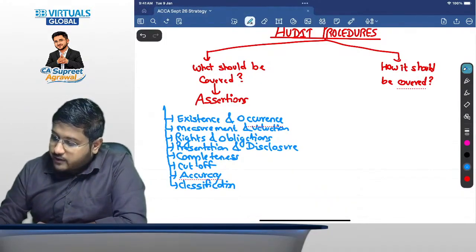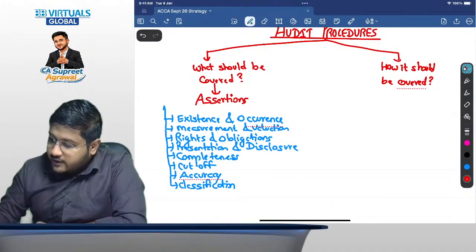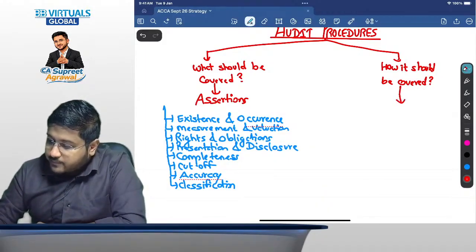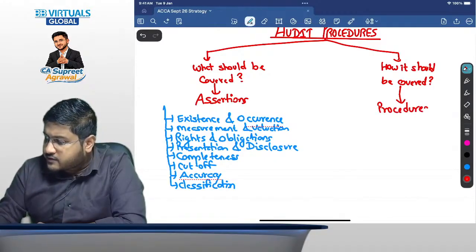Now, how should it be covered? Let me tell you how it should be covered. It should be covered via procedures. So what are the procedures that we have discussed?